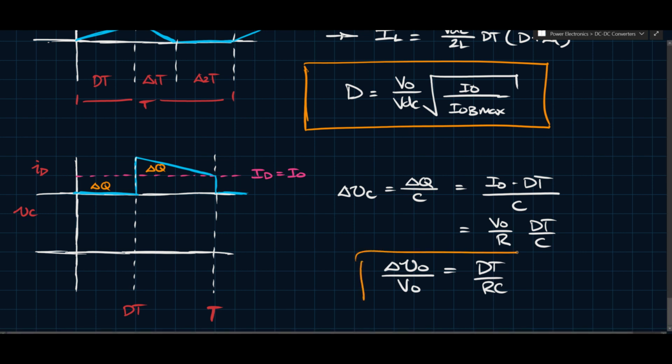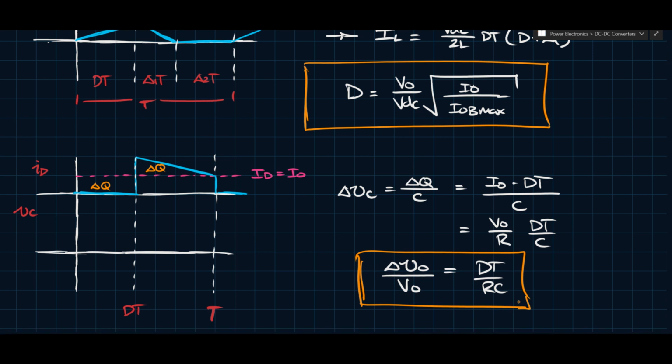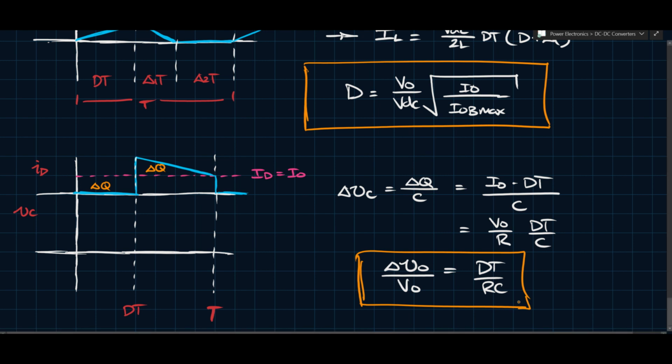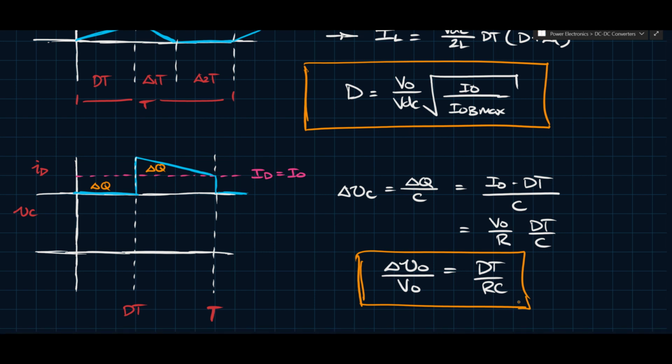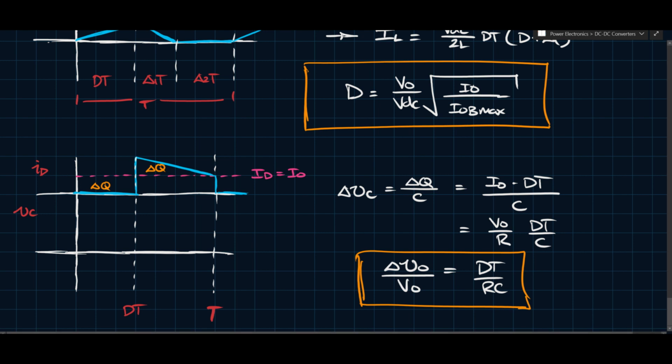So this is a different way of modeling this ripple. As in the other cases, you can also consider the current of the capacitor and say IC equals C dV/dt. In the first part it's 0.